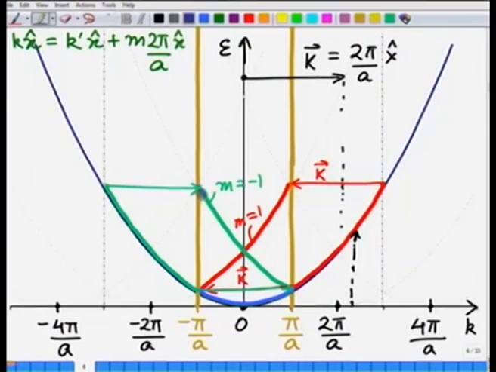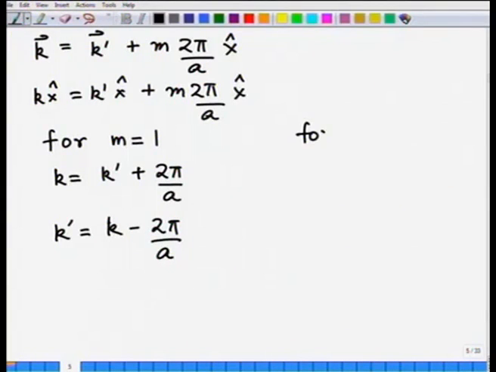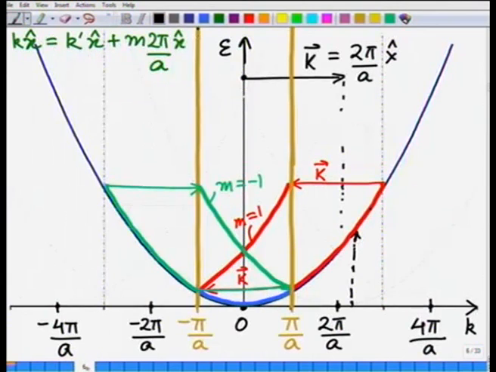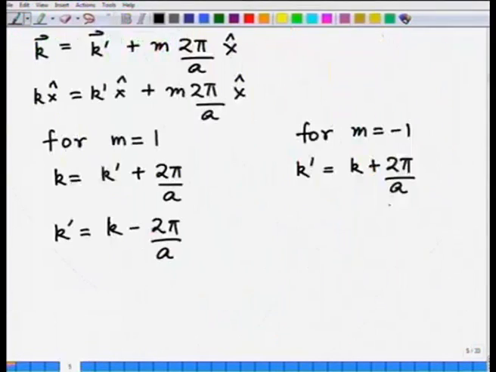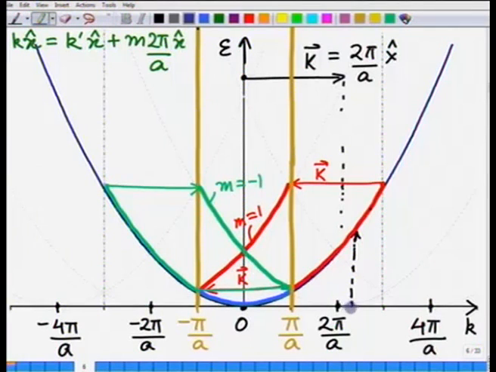And I have shown you 2 green segments. For m equal to -1, k prime would be equal to k plus 2 pi by a, which is essentially a parabola centered at minus 2 pi by a. So, essentially you can see that whatever value you take, if you subtract 2 pi by a from that k value, all the red points get shifted into the first Brillouin zone.